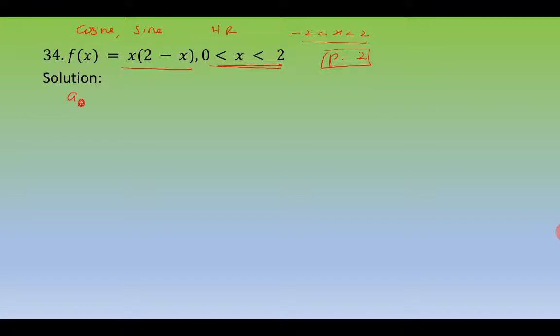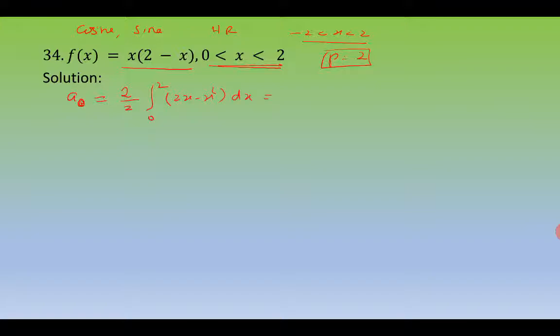A0. The formula for A0 is 2 over p. P is 2, from 0 to 2 in this interval. f of x is 2x minus x square, dx.